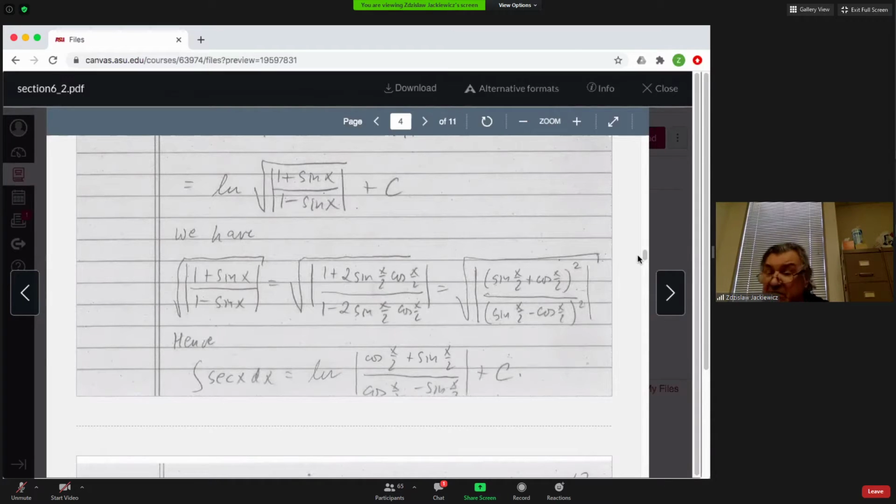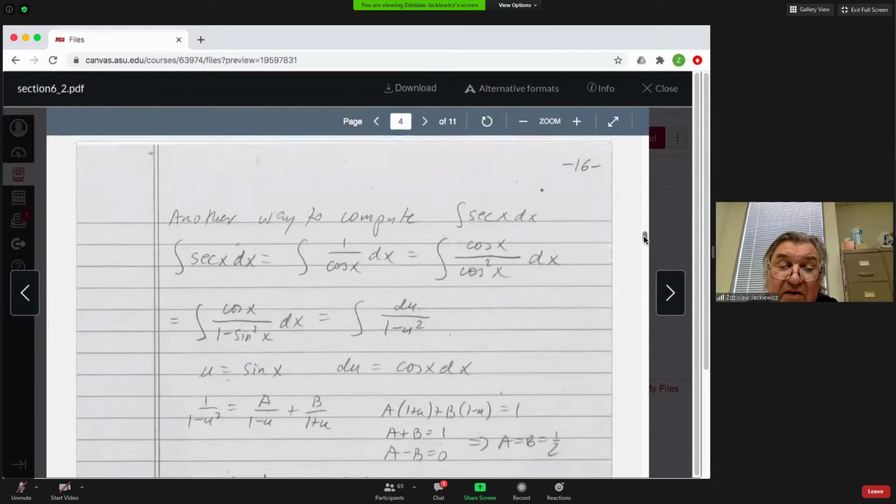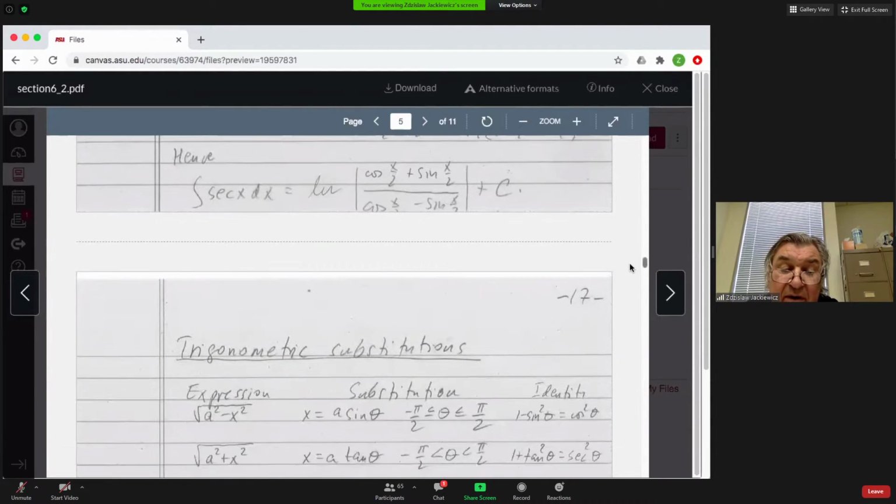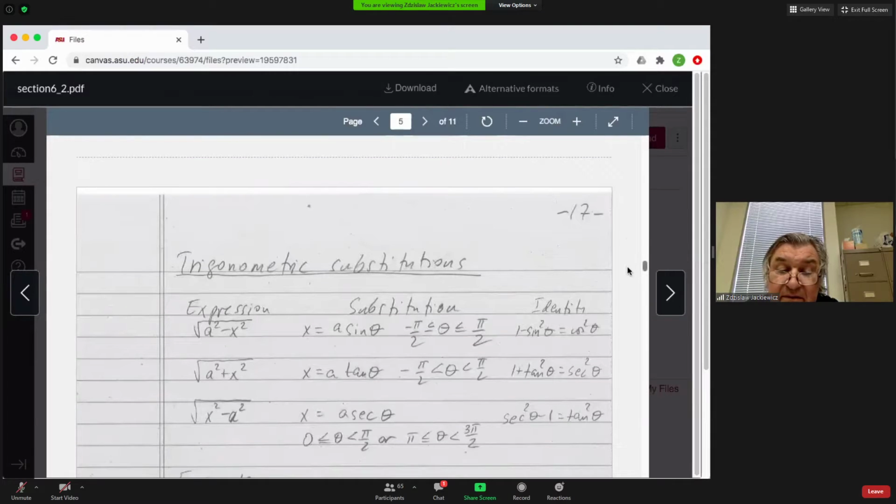Okay, so this was the first part, integrating some trigonometric functions. Now, there's something that is called trigonometric substitutions. Quite often, we have to integrate functions which contain expressions like square root of a squared minus x squared, or a squared plus x squared, or x squared minus a squared, where a is a constant and x is the independent variable.